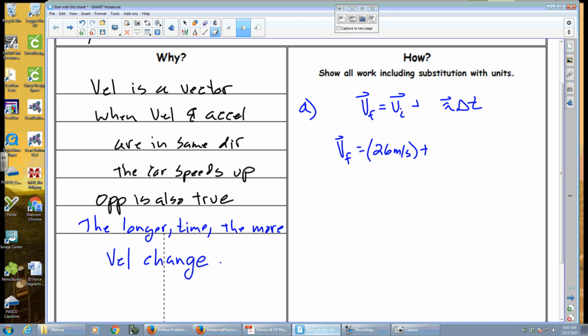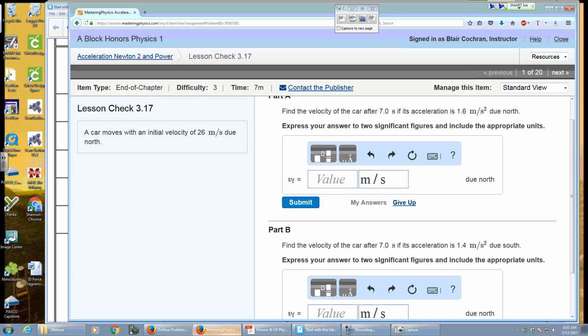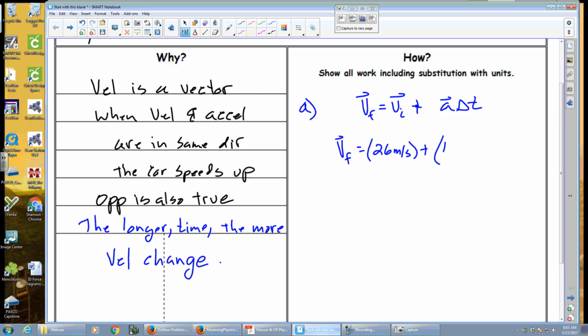There's no 2. I was not paying attention to what my hand is doing. Plus 1.6, and it's north, so it's positive, times 7 seconds.